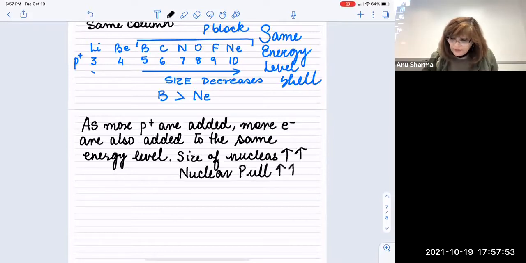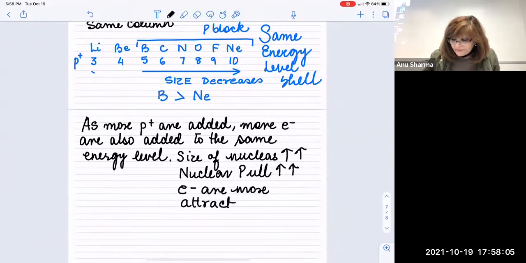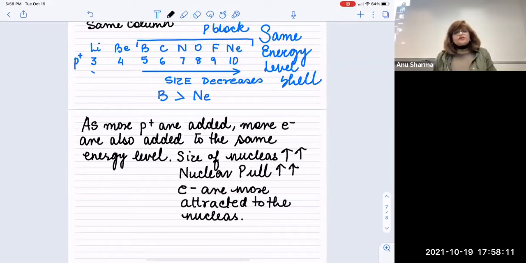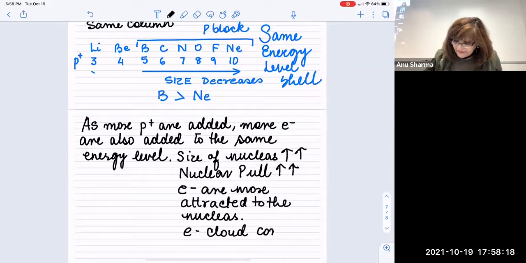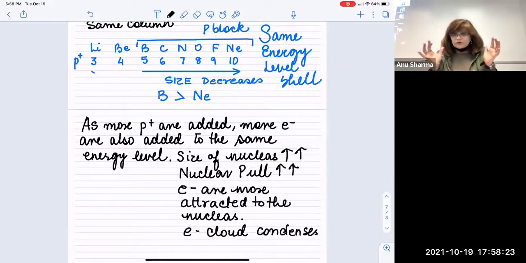So when the nuclear pull increases, the electrons are more attracted to the nucleus. So the electron cloud condenses. It becomes more squished. So that's how the size decreases.